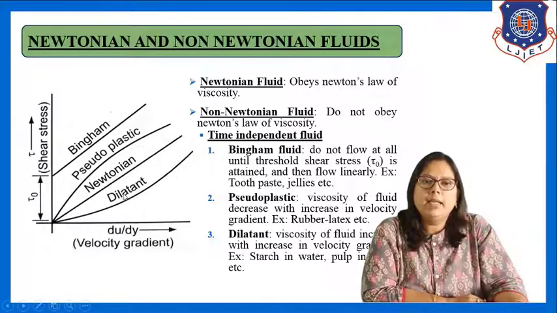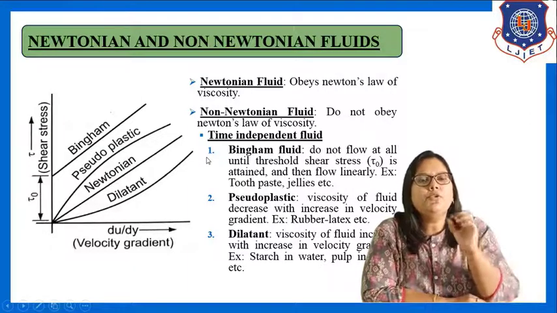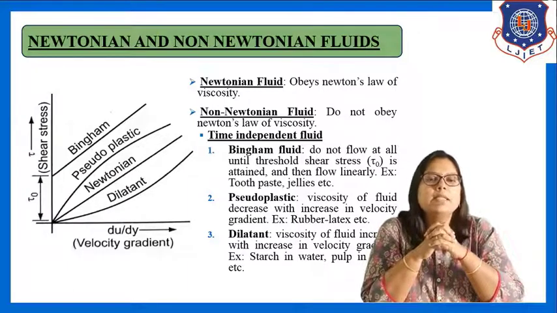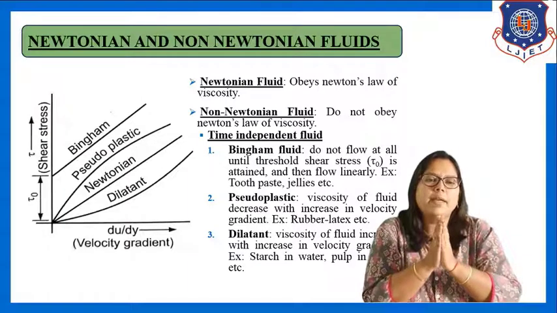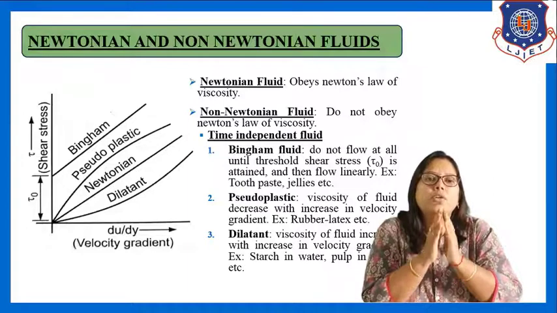All three lines differ. This is the Bingham fluid, this is pseudoplastic and this is dilatant. Now what are they? A Bingham fluid does not flow at all until a threshold shear stress is attained. That means only after some shear stress is attained does the fluid start to flow.